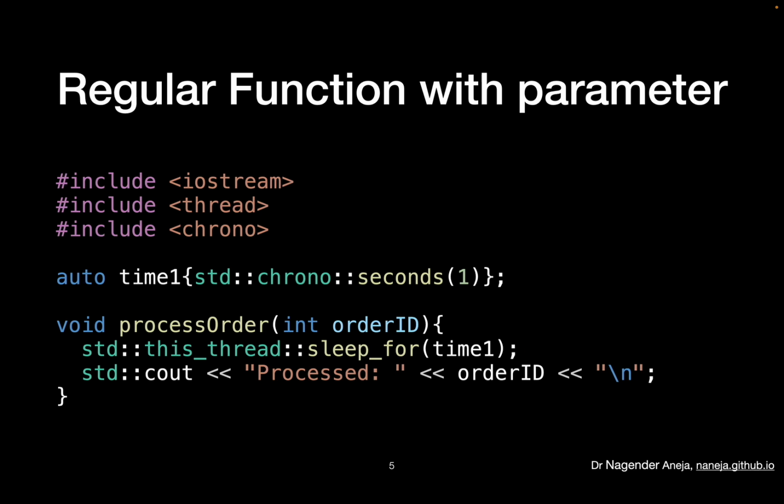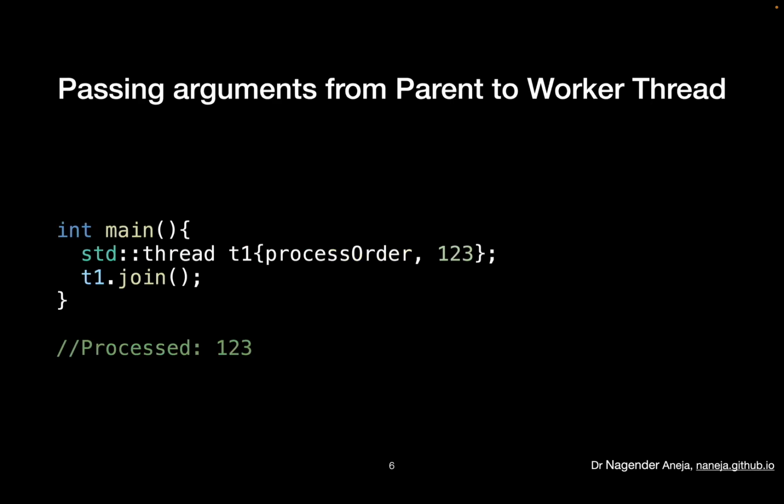We don't want to block the main because we have to process other customers as well. So we are saying that this process order should be executed by a thread. And for that, we can create a thread here. In main, this is thread one, executing the process order. Maybe the order ID is 123.